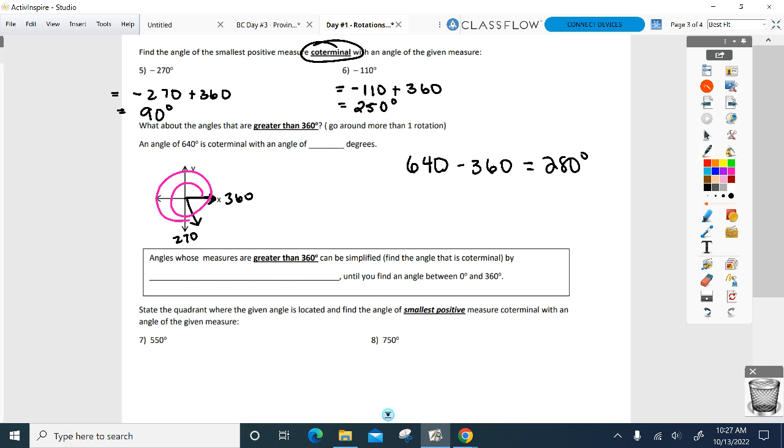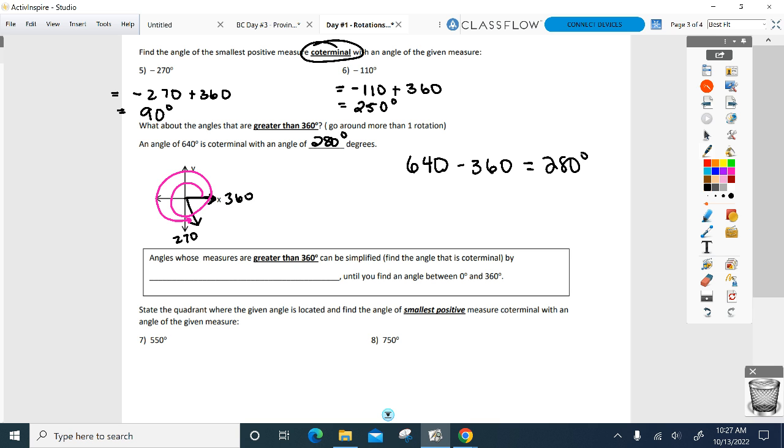If it's bigger than 360, with your rotational arrow you have to go all the way around, past 360. It's coterminal with an angle of 280. We just subtract 360 to make it smaller.